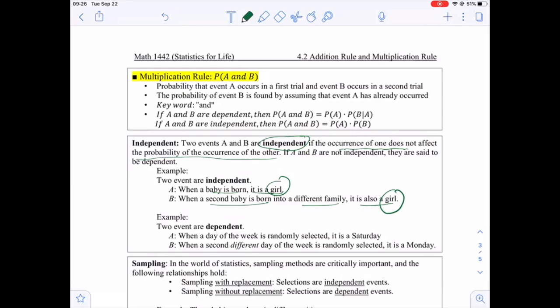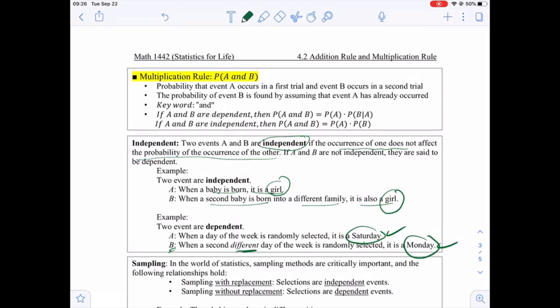But for dependent events, when a day of the week is randomly selected, it's Saturday. So we started with Saturday for event A, and then for the second, different day, we excluded Saturday for event B. When a second different day of the week is randomly selected and it is Monday, our choice here is affected by the occurrence of A. Why?